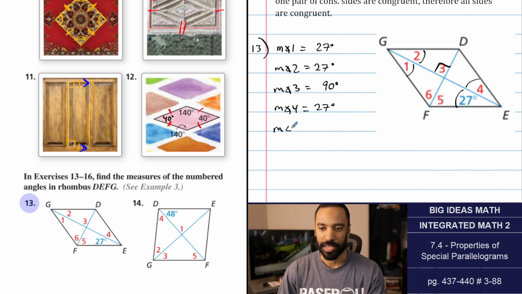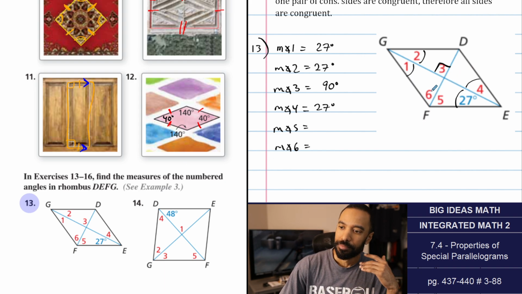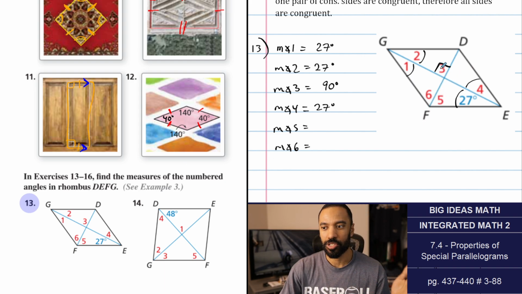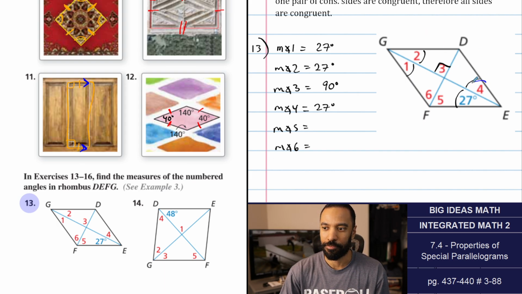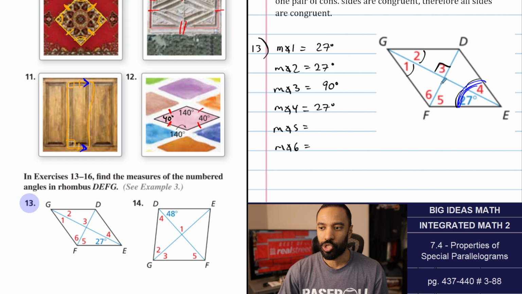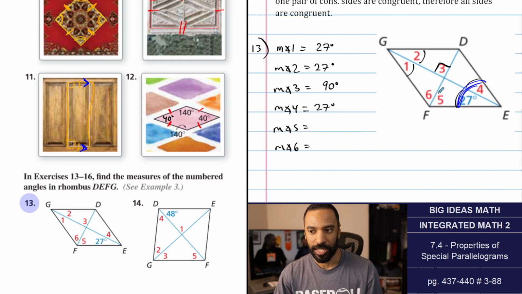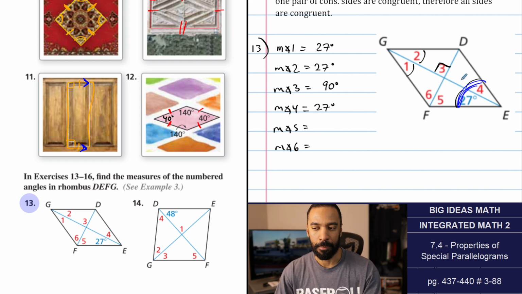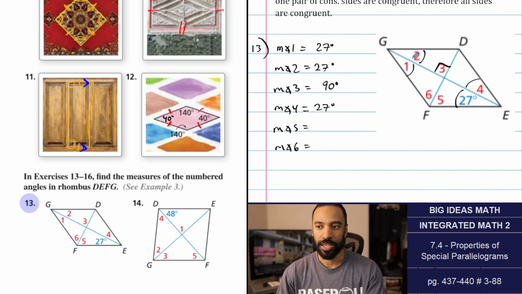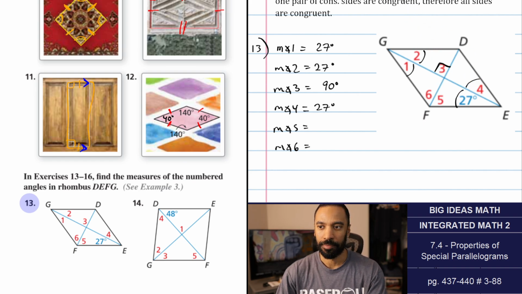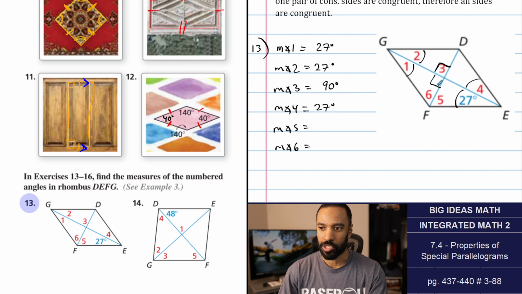Now 5 and 6, they're going to be congruent to each other. Whatever one is, the other's going to be, just so you know. However, they are the other angles in the rhombus, so you have some options here. The long way is double 27 to get 54, and then do 180 minus 54 to get the angle set here and divide that by 2. Probably the shorter way is look within an individual triangle. If this is 90 degrees, then so is that.